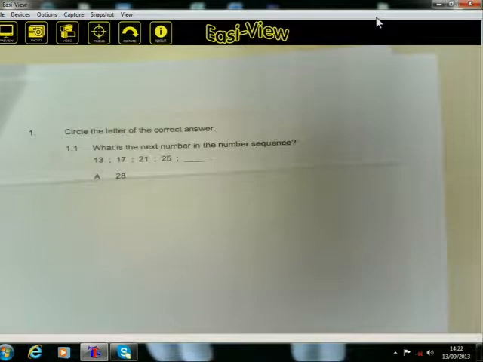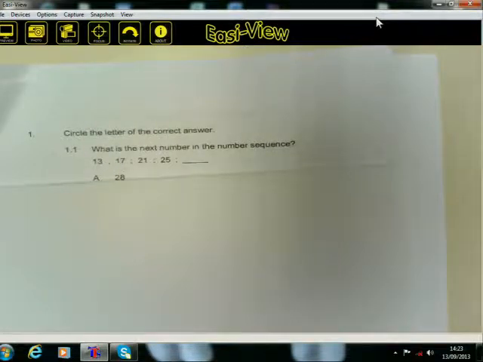Okay, let's look at question 1 where learners were supposed to fill in that next number. In that case, again, you will find that a learner will fill in the correct answer and forget to circle. Then you will mark him correct.